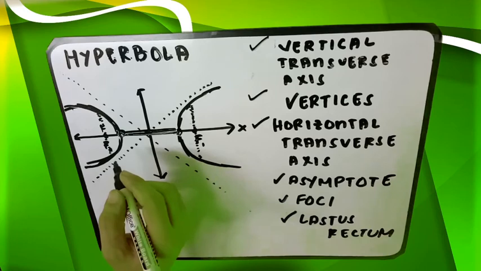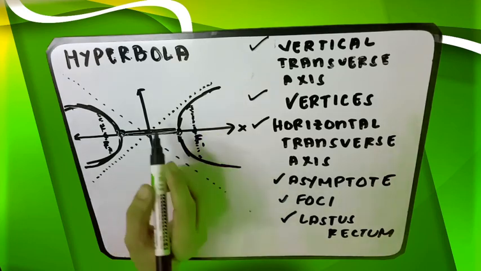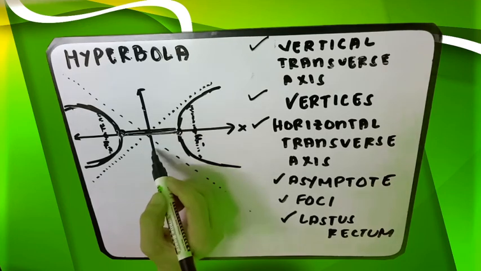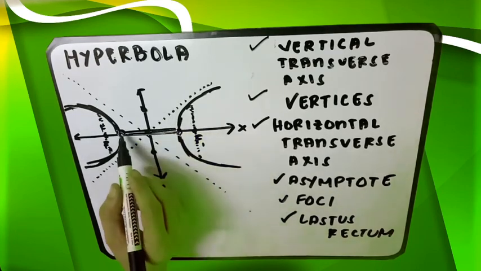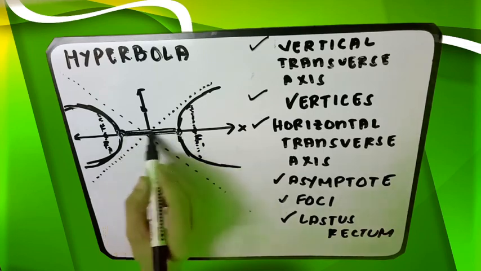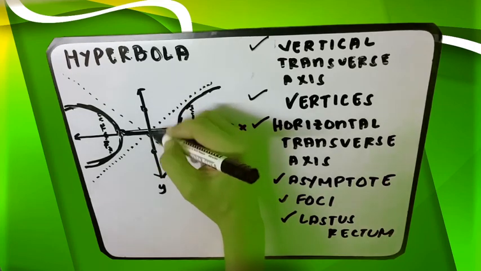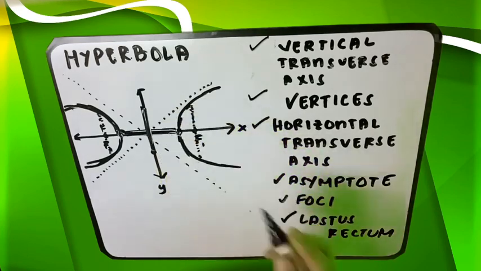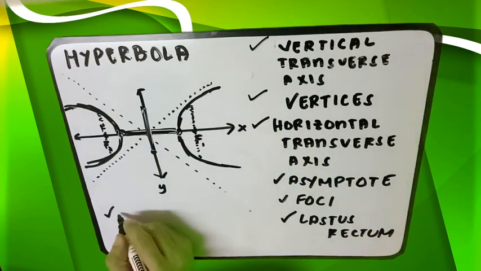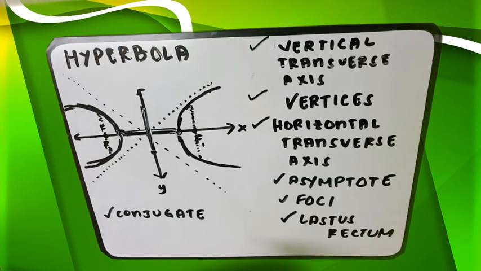So meron pa tayong tinatawag na conjugate. Ito naman yung line segment. Pati dito sa conjugate, malalaman natin kung paano. So halimbawa, these are the endpoints of the conjugate. Ito yung horizontal transverse axis. So pag nanguha tayo ng line segment na perpendicular dito sa horizontal transverse axis, ito yung tinatawag na conjugate.